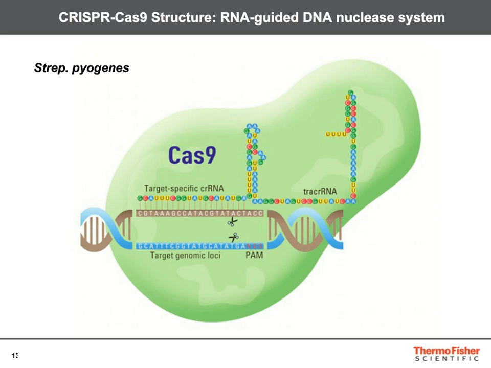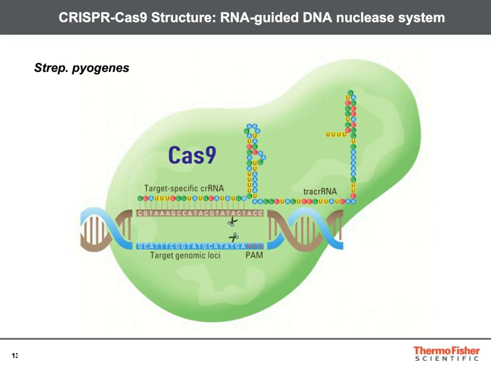And then the target-specific CRISPR RNA is the other half that actually describes the specificity, or the address, of where this nuclease is going to bind and cut. In reality, most times this is a single RNA. So for use for genome editing, we and others use just a fused single RNA, which works well.